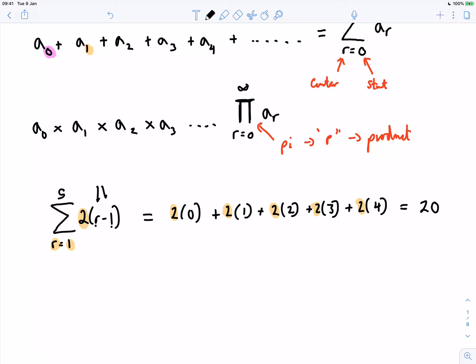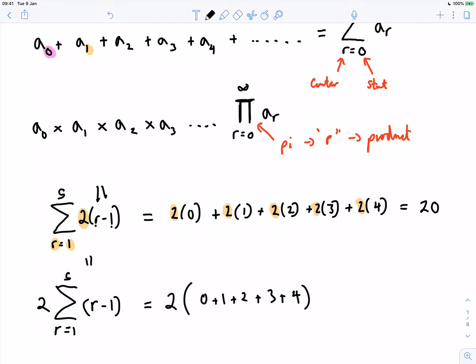Do you agree that this series is the same as the sum from R goes from 1 to 5 of R minus 1, and I just take 2 out as a factor, because this will be 2 lots of 0 plus 1 plus 2 plus 3 plus 4, which is still 20. Okay, that's totally fine. Just like with integrals, I can take this out.